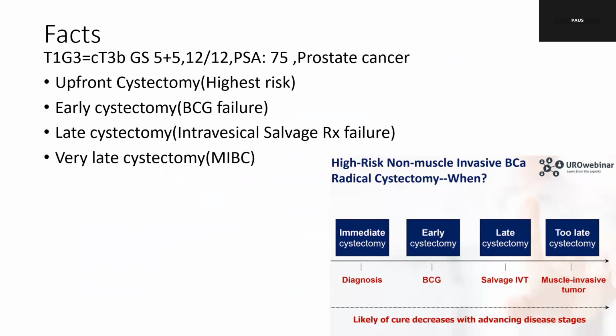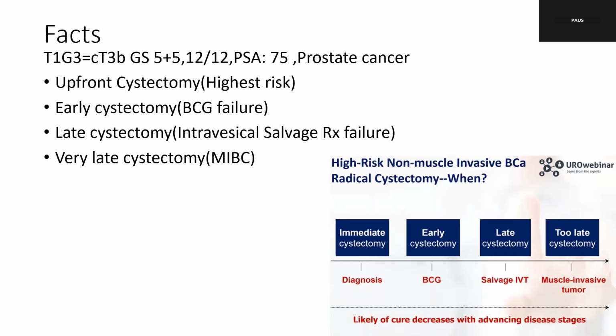So in the highest risk, as the professor said, doing a cystectomy is known as upfront cystectomy. In a patient like ours, T1 G3, we give BCG and BCG fails, then you do a radical cystectomy. It's known as an early cystectomy.